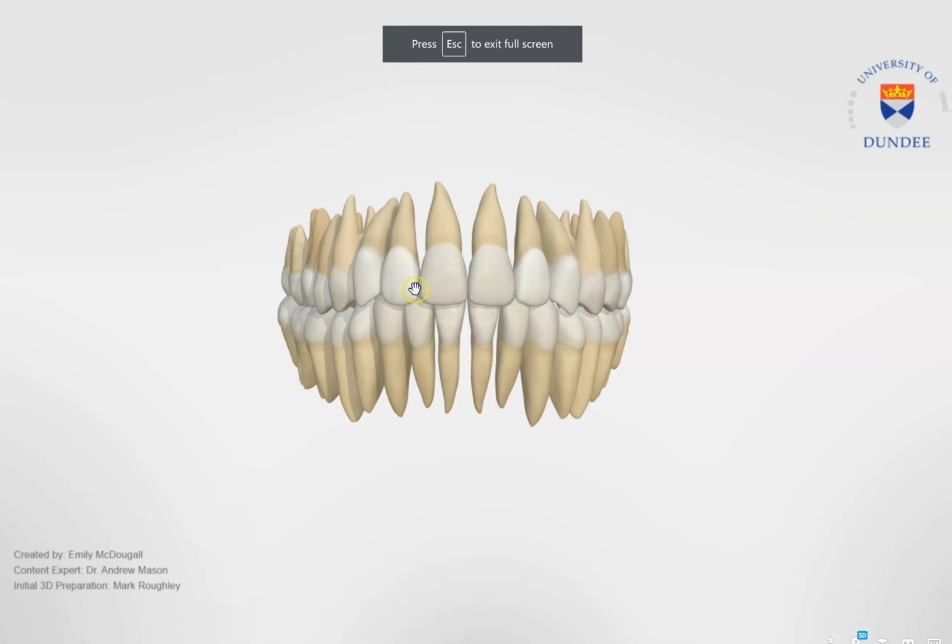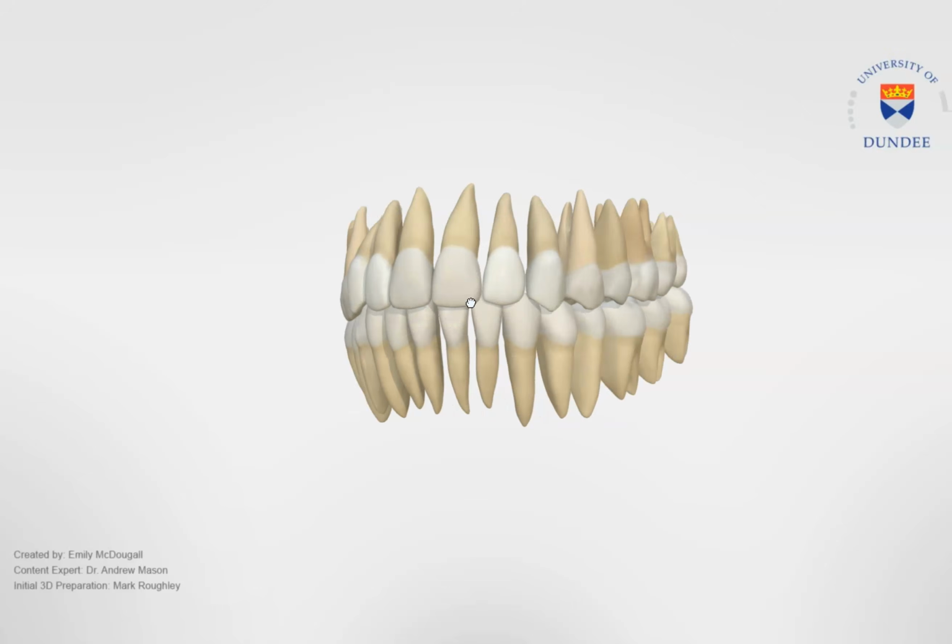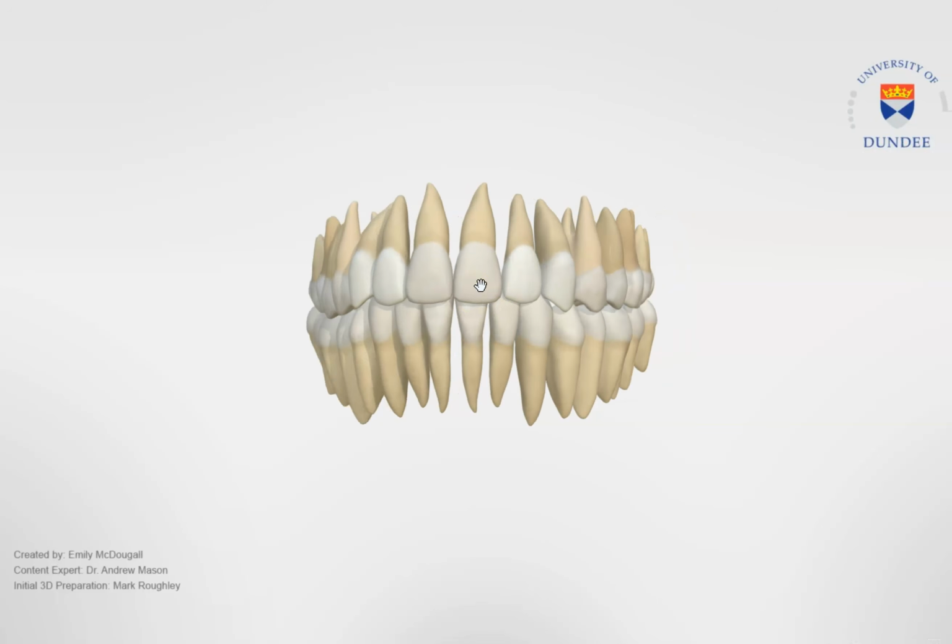If I'm looking at the distal of the 1-1, see how the distal is rounded, whereas the mesial has more of a 90-degree angle? It's sharper over here, not as rounded. Same thing with this side. It's more rounded on the distal, and on the mesial it has a 90-degree angle. It's more sharp on the mesial.